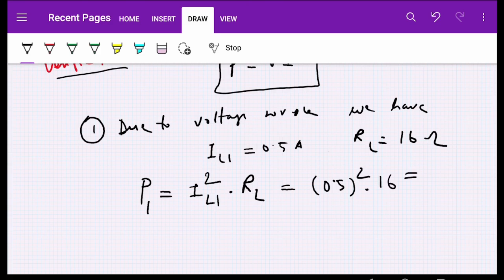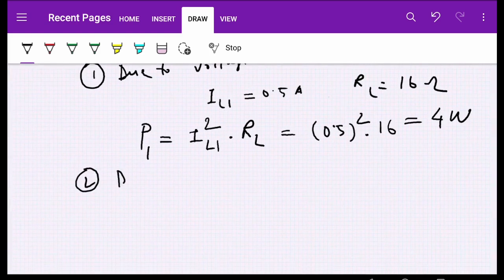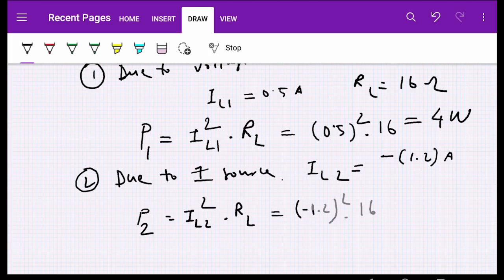It is around 4 watt. And due to the current source, we had a load current IL2 of negative 1.2 ampere. So what is the power dissipation in this case? Let's say it is P2, IL2 squared into RL. It comes to around 23.04 watt.